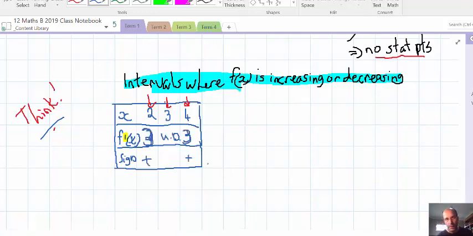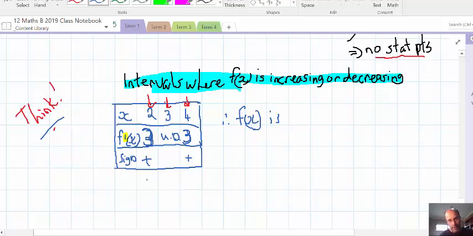So what's the value of f dash of x when we have x equals 2, 3 and 4? Well, it's 3 for the derivative, then undefined, and 3 for the derivative.